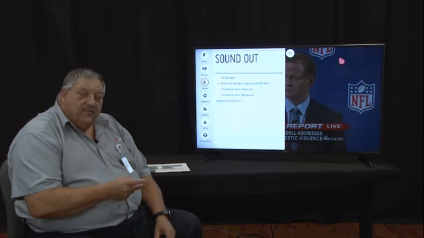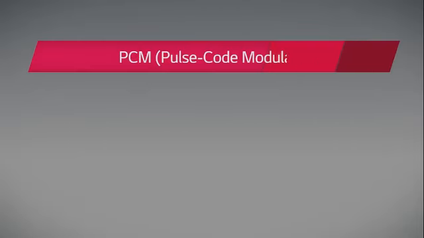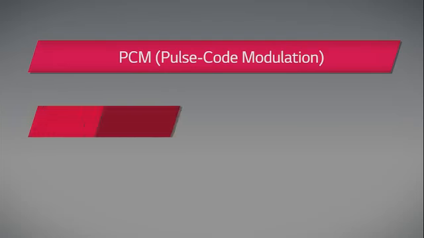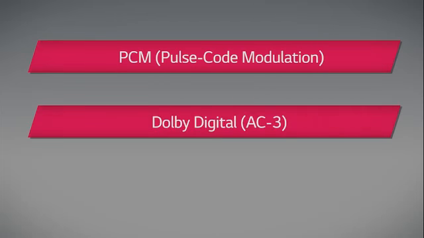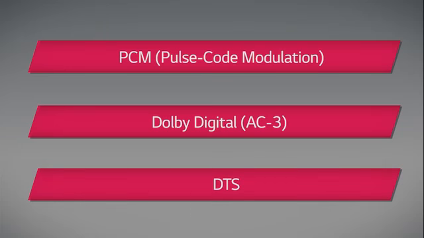There are three primary streams of audio: PCM, Dolby Digital AC3, and DTS. Some systems send out PCM only. Some send out Dolby Digital AC3 and PCM. Some send out DTS and PCM. And some send out all three, AC3, PCM, and DTS.